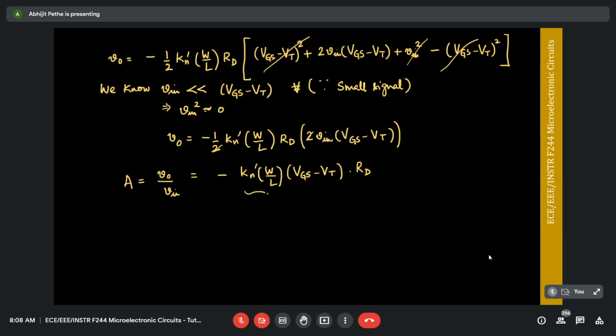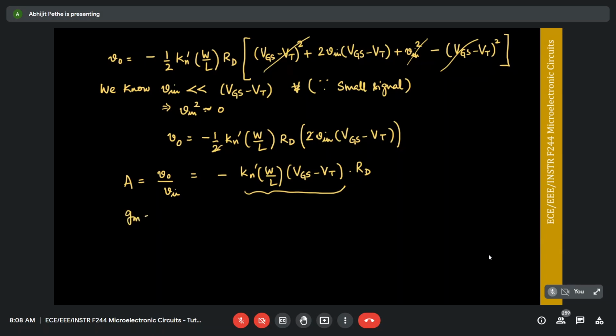Now what is this term? Kn prime times W by L times VGS minus Vt. Do you know if it's related to some of the transistor small signal parameters? Anybody? Overdrive? No. What is this term? What is the value of transconductance?